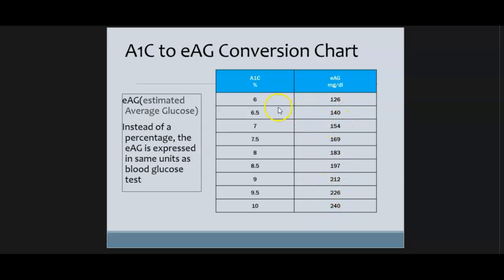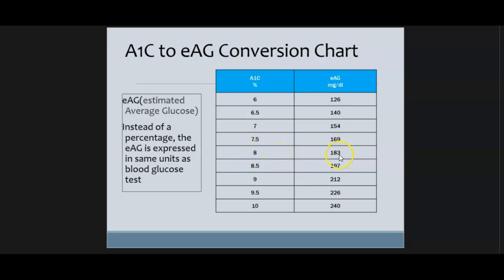If somebody has an A1C of roughly 7, then they probably have an average blood glucose somewhere in the 150 range.